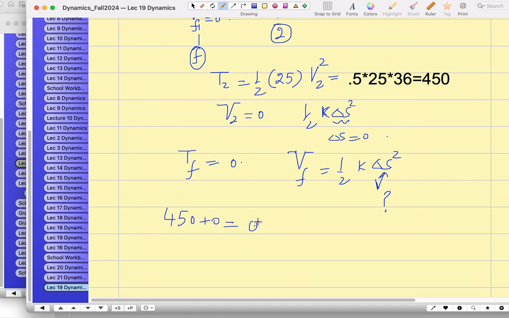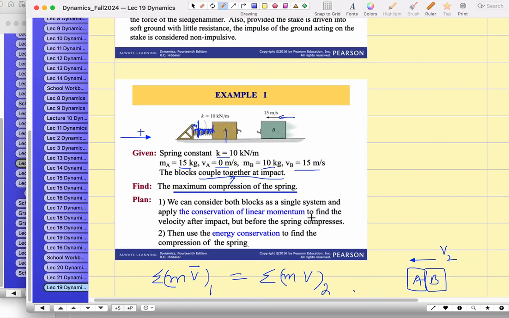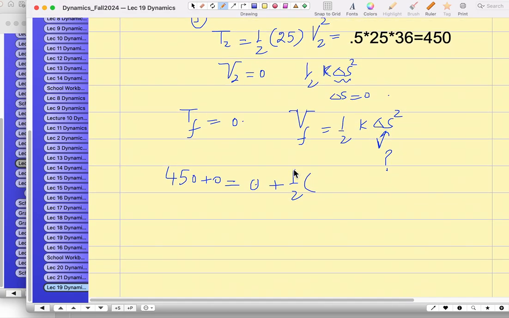The right hand side is 0 plus half K, which is 10 kilonewtons per meter, so 10 to the 3 newtons per meter, times delta S squared. So one equation, one unknown. Can you find out delta S from here? It is 3.3 meters. This is the answer.